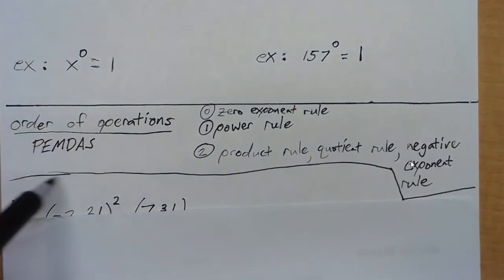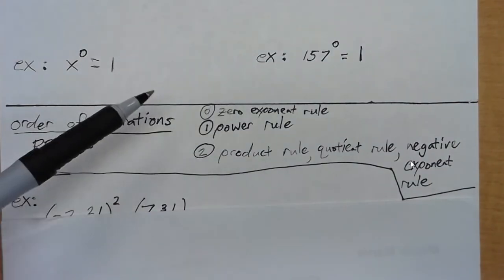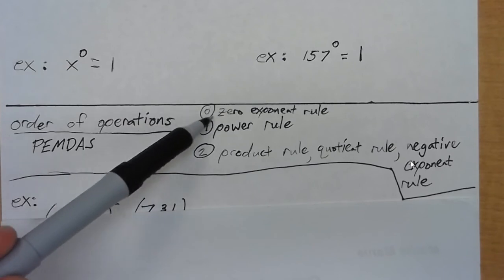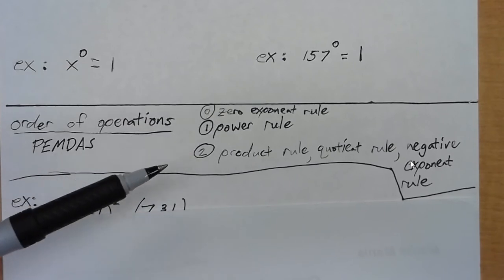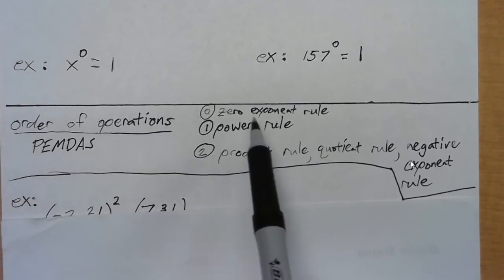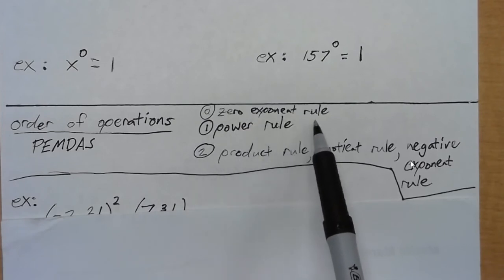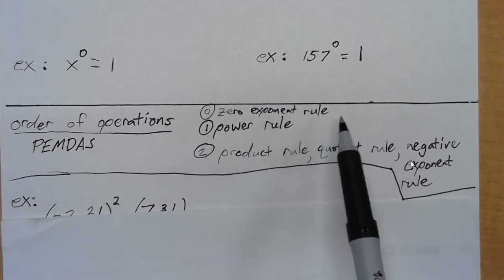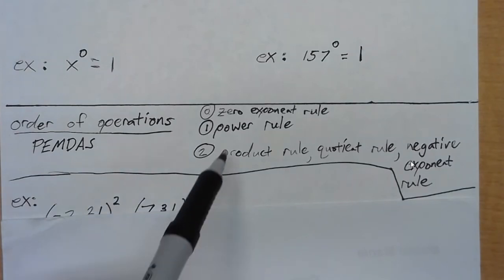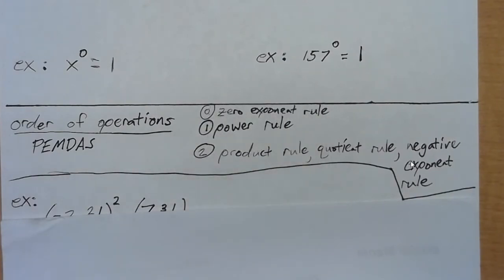It's sort of related to PEMDAS, but basically the first step you should take, or the zero step, is if you have any freebies, whenever you see anything raised to the 0 power, you know it's equal to 1. So that can simplify some things up front.